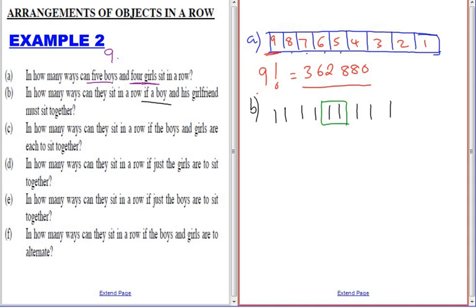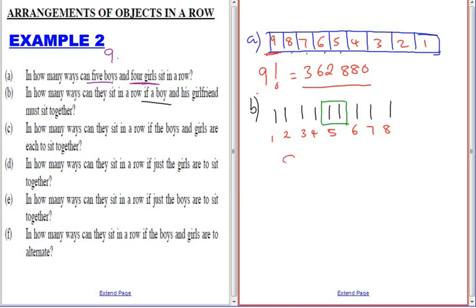And if they want to sit next to each other at all times, that will reduce the number of possible outcomes that we get. So we put them as one entity or as one object. And now as we count our objects, we can see that 1, 2, 3, 4. So we count it as one object. That's 5, 6, 7, 8. So we now have 8 objects to arrange.